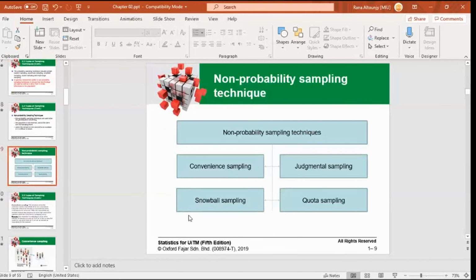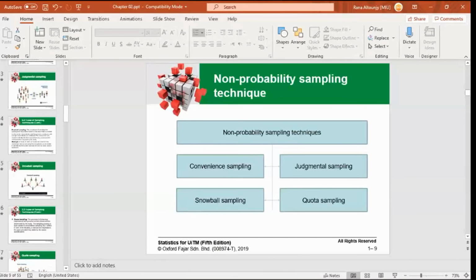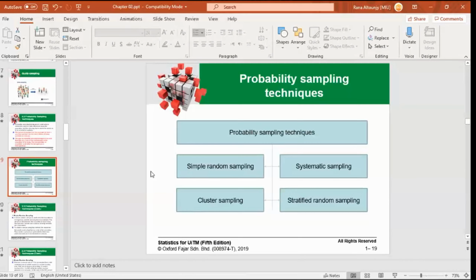If you are dealing with a very diverse population, and it can be subdivided into homogeneous subgroups, we will achieve better results. Those are subdivision or stratification. Next, elements are selected from each stratum by random sampling. We go inside each one of those groups and do a random sampling.